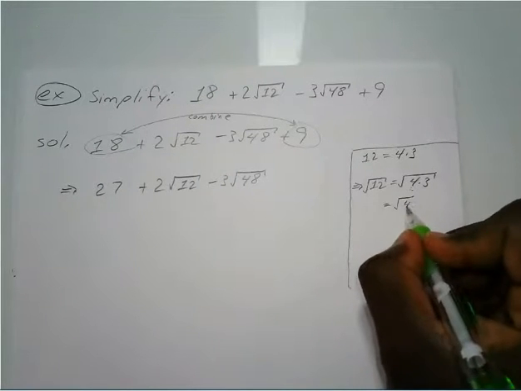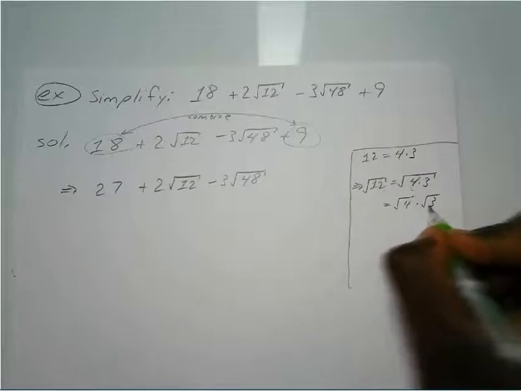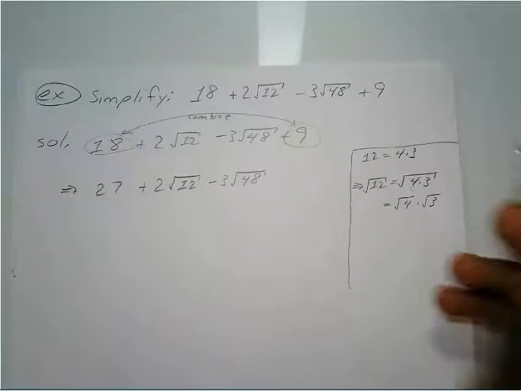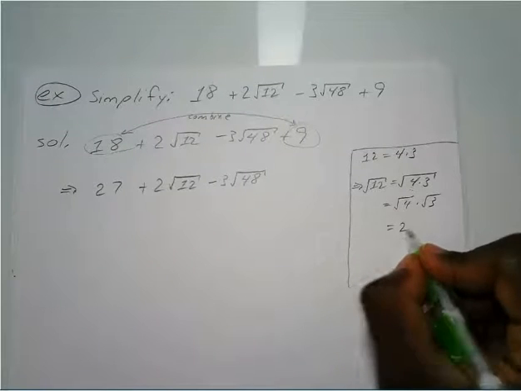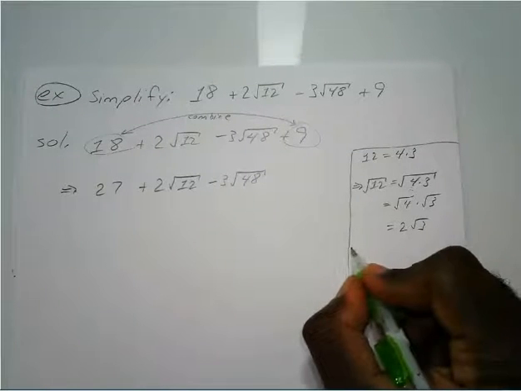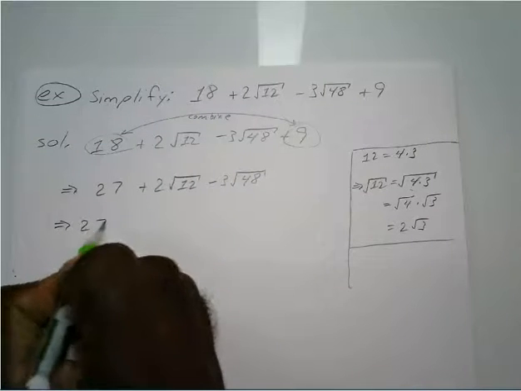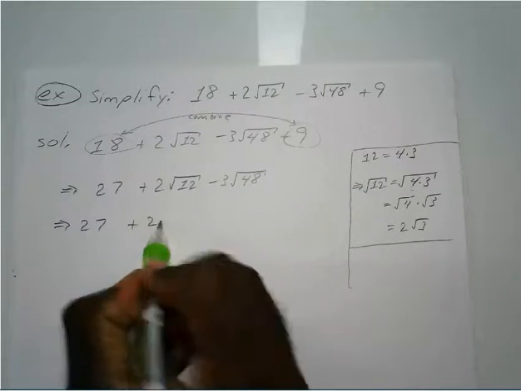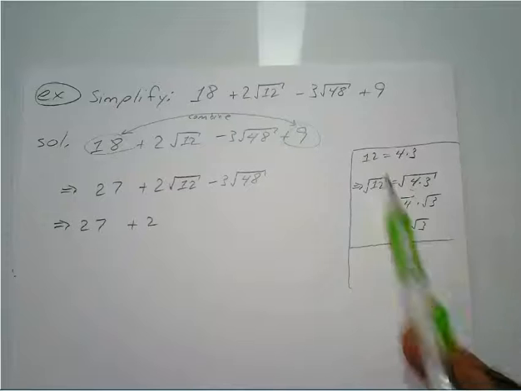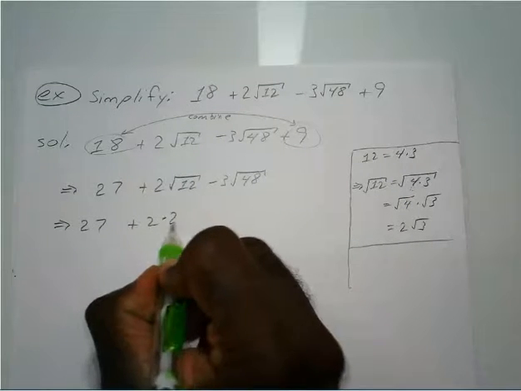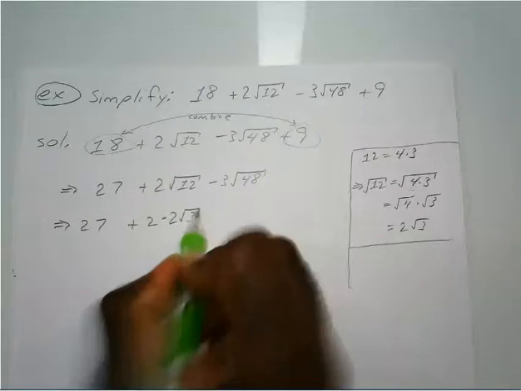So you have square root of 4 times square root of 3. Square root of 4 is equal to 2, so that is equal to 2 square root of 3. Okay, so we have our 27 plus 2. Remember, square root of 12 is equal to 2 square root of 3 times 2 square root of 3.